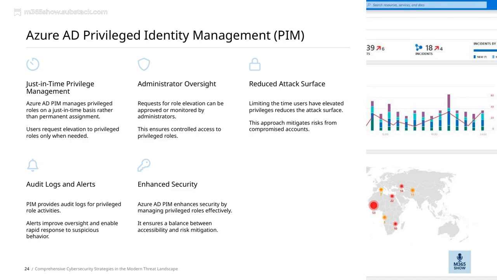And importantly, PIM manages privileged roles on a just-in-time basis rather than permanently assigning them. Users only request elevation when they truly need it, which further reduces unnecessary exposure. Altogether, PIM supports a comprehensive cybersecurity strategy by making privileged access safer, more transparent, and more controlled, aligning perfectly with our goal to adapt to the modern threat landscape.